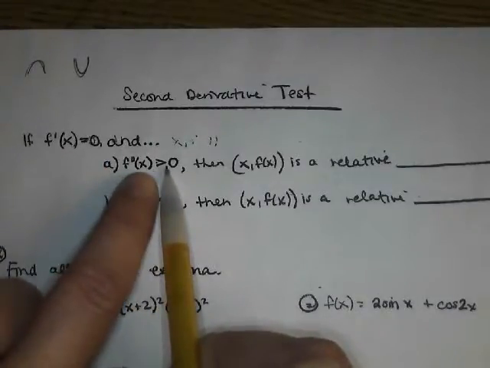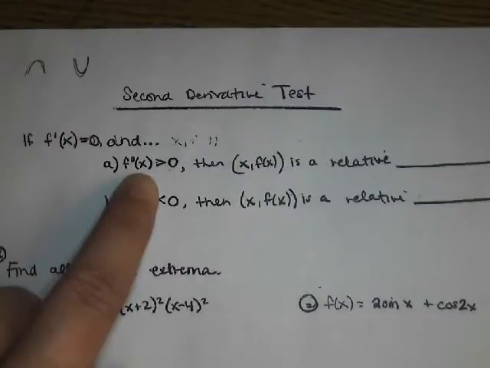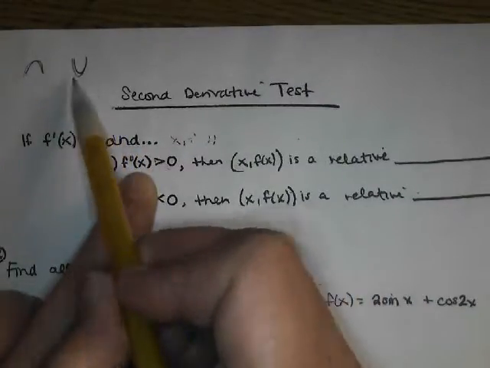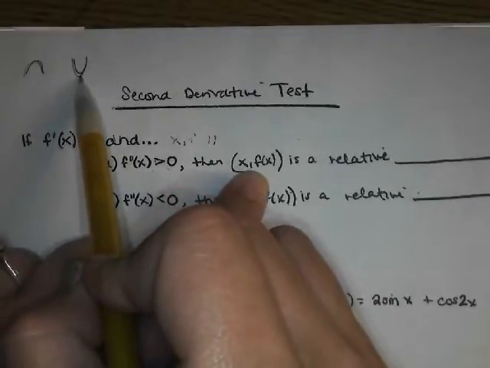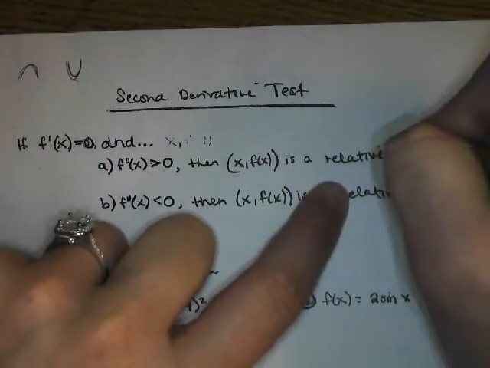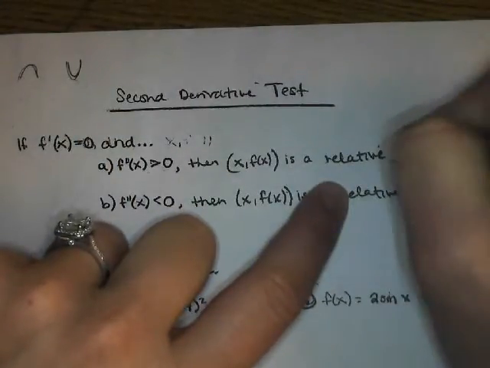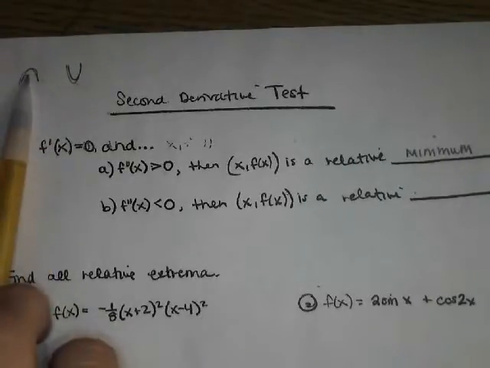Up. So if your second derivative is positive and it's concave up, then this point is a relative what? Minimum. And if your first derivative is 0, but your second derivative is negative, aka it's concave down, then it is a relative maximum.